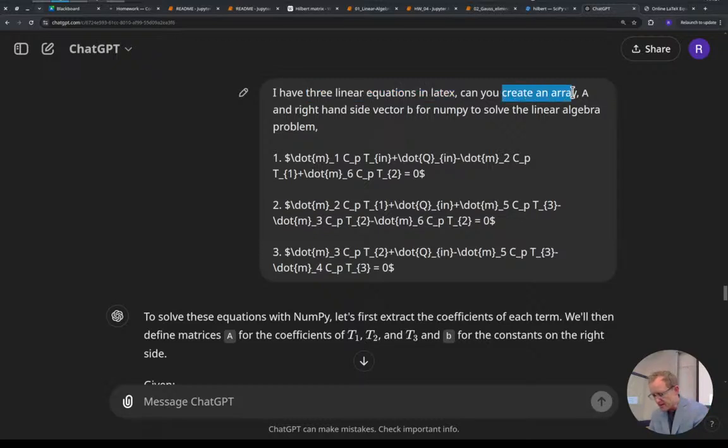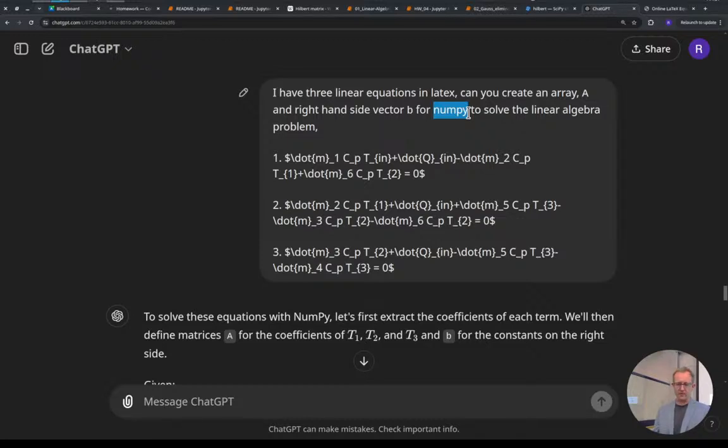And then telling it I want specifically an array, like don't just start giving me random stuff, give it to me in the shape of an array, and also that right hand side vector b. And telling it numpy in particular, because ChatGPT has a lot of training data on numpy already, so it's really familiar with that set of functions and documentation.